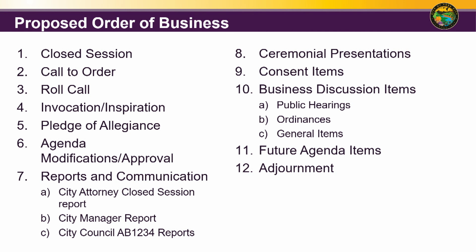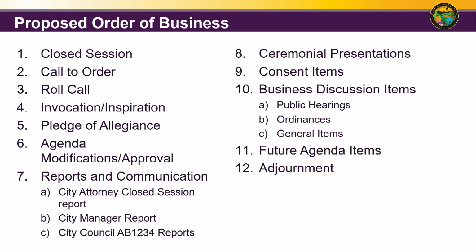So what we're also proposing is to adopt a resolution that proposes an order of business. The reason to have something in place that we can move around helps the city manager and the clerk's office put agendas together. We did add a couple things to this.